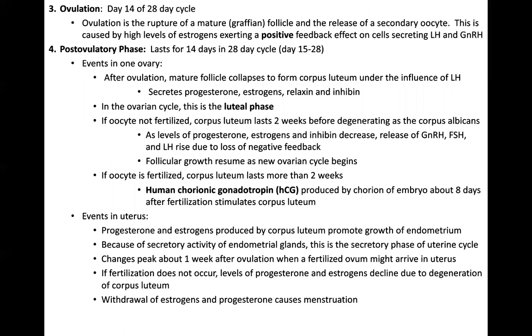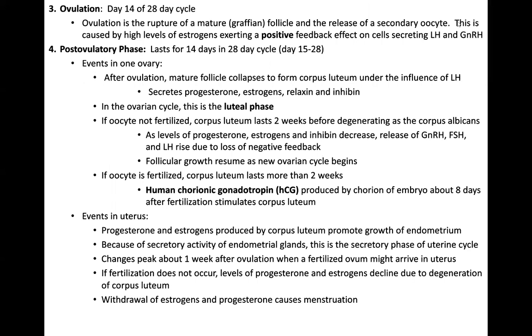Day 14 of the 28-day cycle is when the female is going to ovulate her egg. Ovulation is defined as the rupture of a mature Graafian follicle, and therefore the release of the secondary oocyte into the fallopian tubes, caused by high levels of estrogens exerting a positive feedback effect on cells that secrete LH and GnRH.